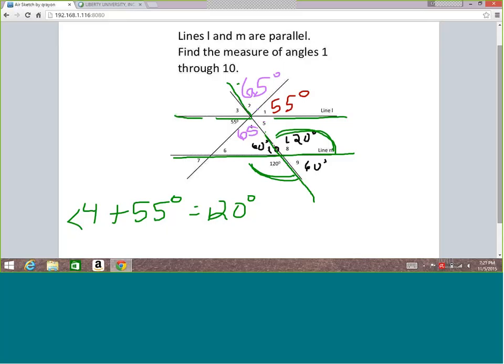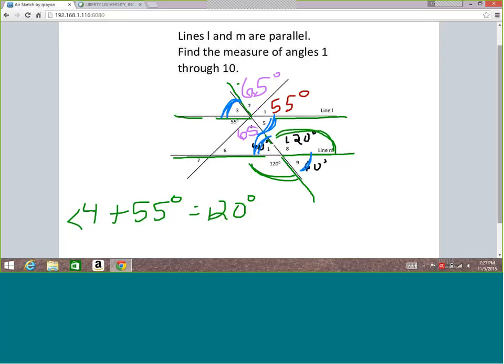So we're getting somewhere with that. What we have left, angles 3 and 5. Notice that angles 3 and 5 are vertical angles, and that also would be the same as 9 and 1. Referring back to our picture of the two parallel lines and the third line, marking which angles are the same.